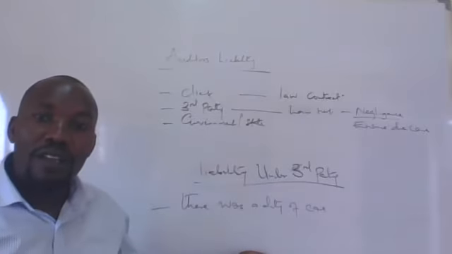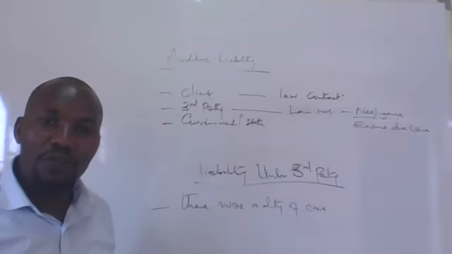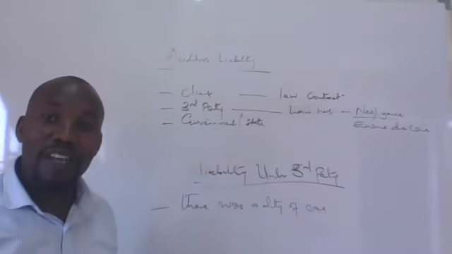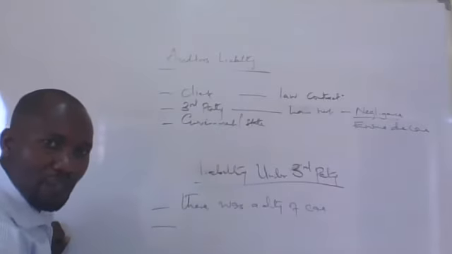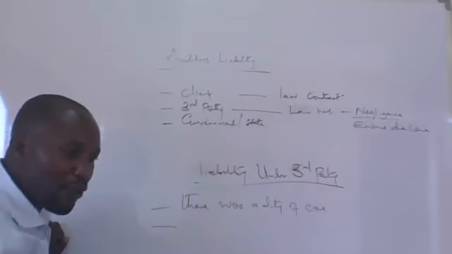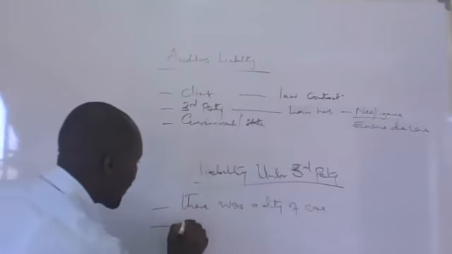Number two, you didn't care, meaning that you were negligent. So there was negligence. Duty of care is basically the property that you're supposed to take care of. But now the lack of taking care of it was also present, meaning that you are negligent.